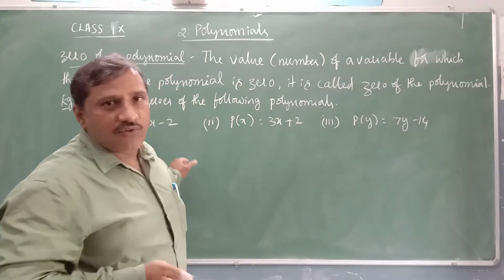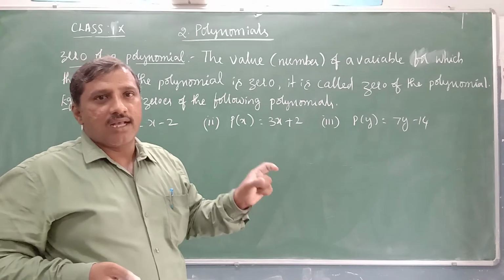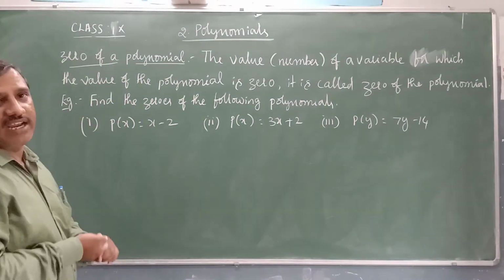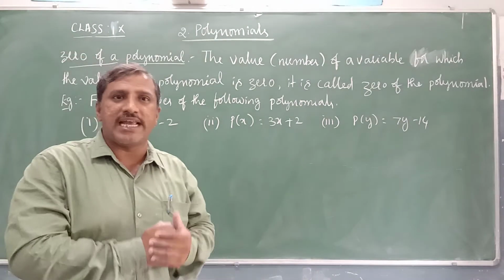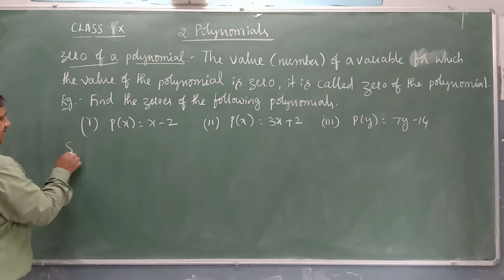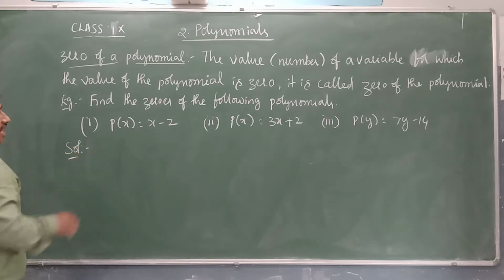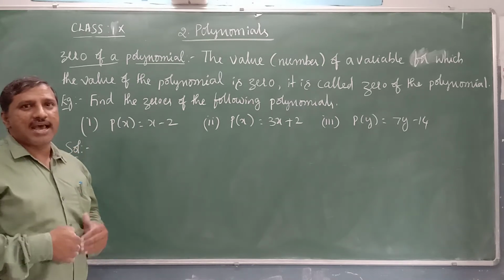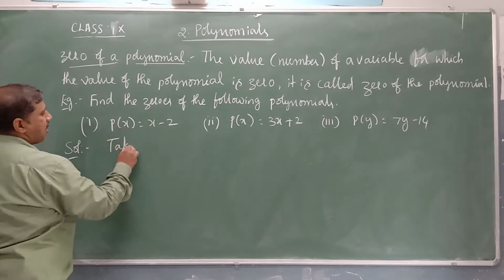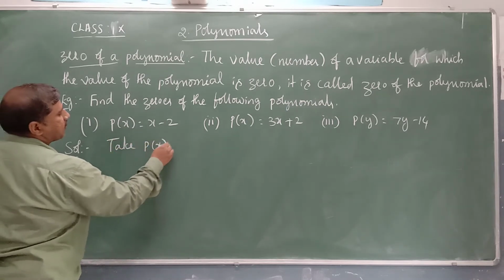To find the zero, take the given polynomial value as 0, and on simplification, that is by transposing, we will find the zero of the polynomial. Yes. So how do we find it? We take the given polynomial as 0. So take P of x is equal to 0.